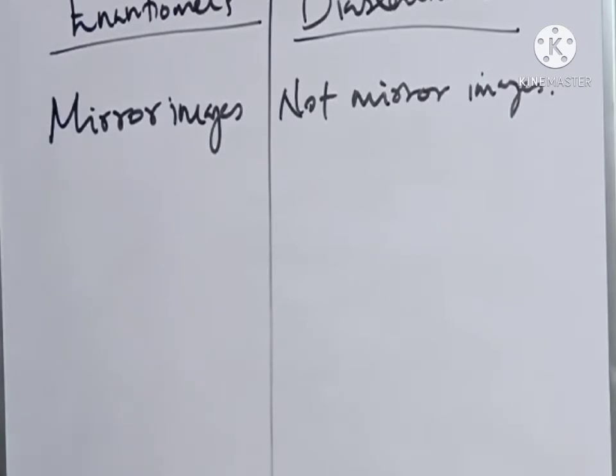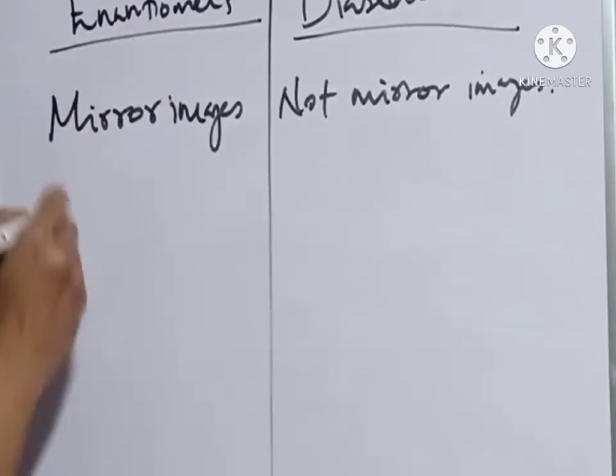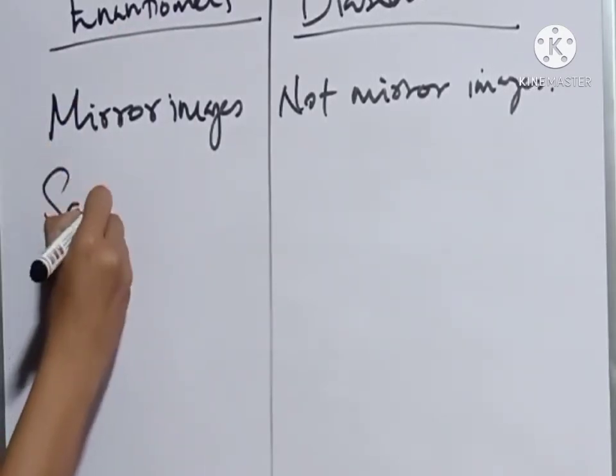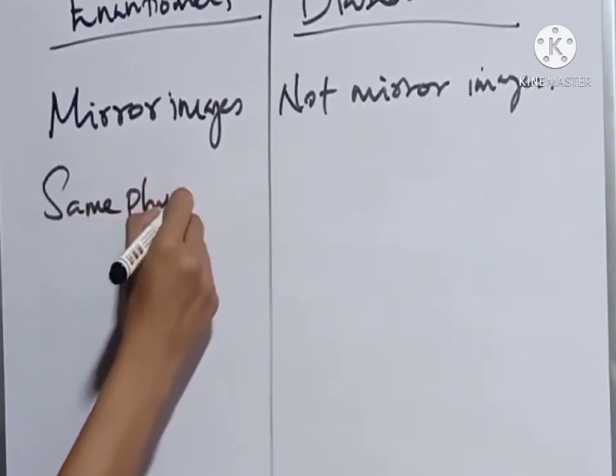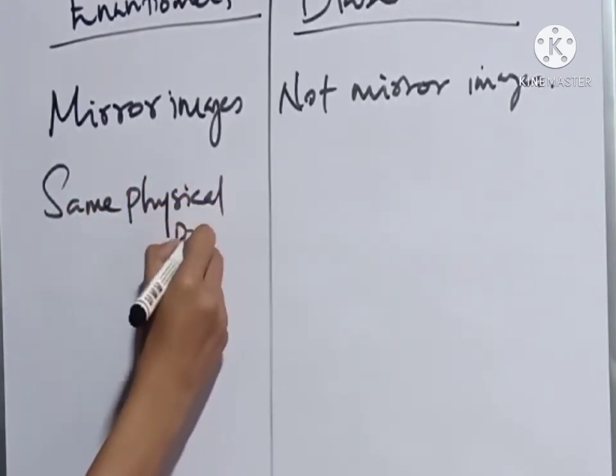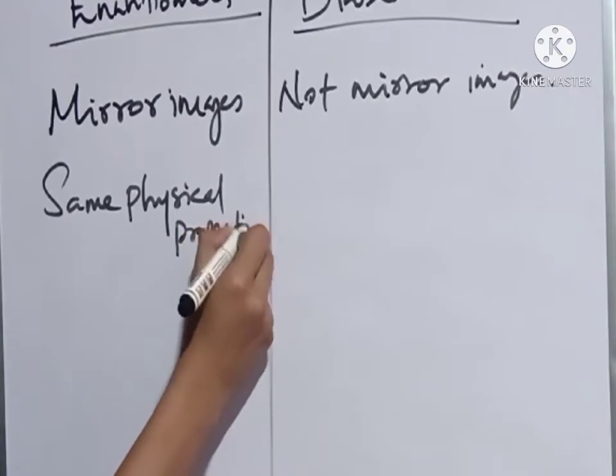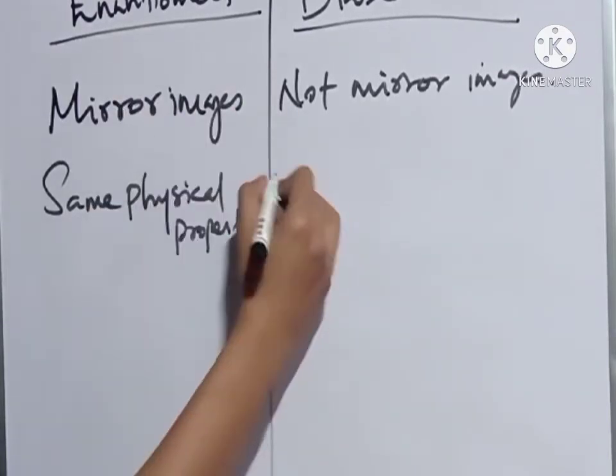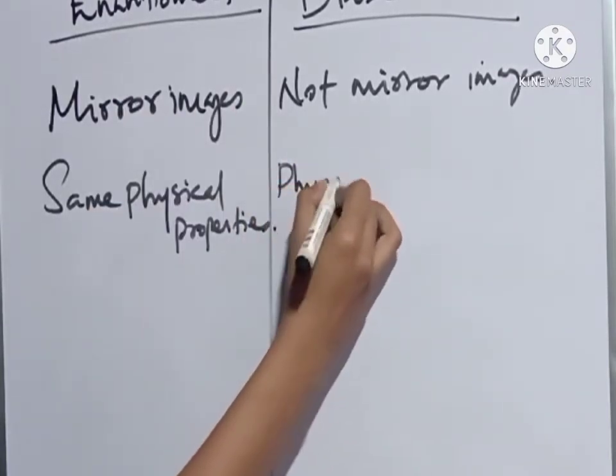Then coming to the physical properties, the physical properties of enantiomers are the same. But here physical properties are different.